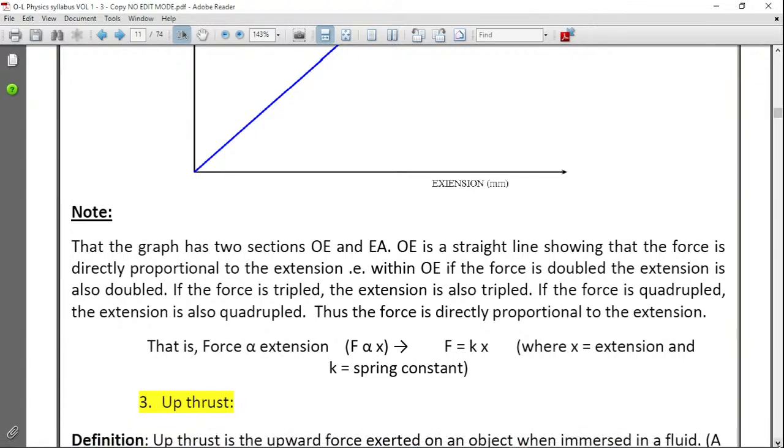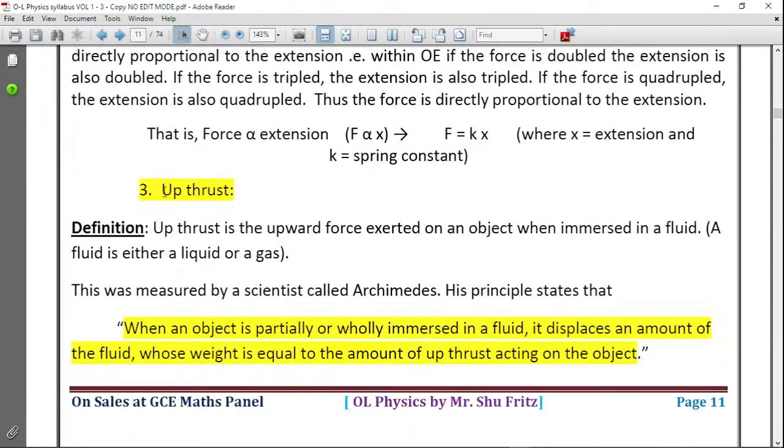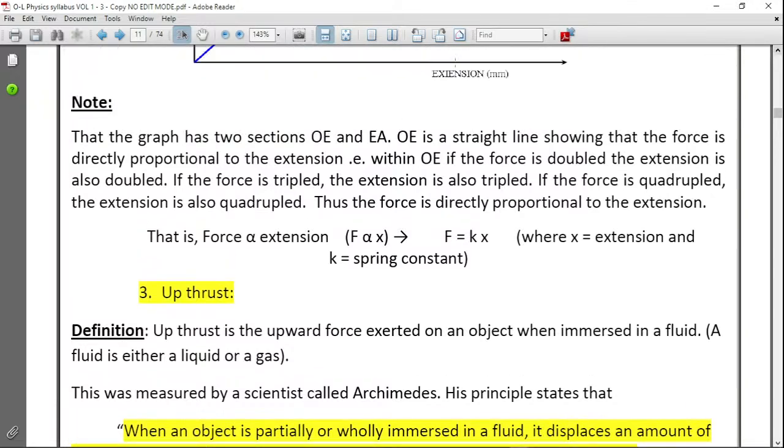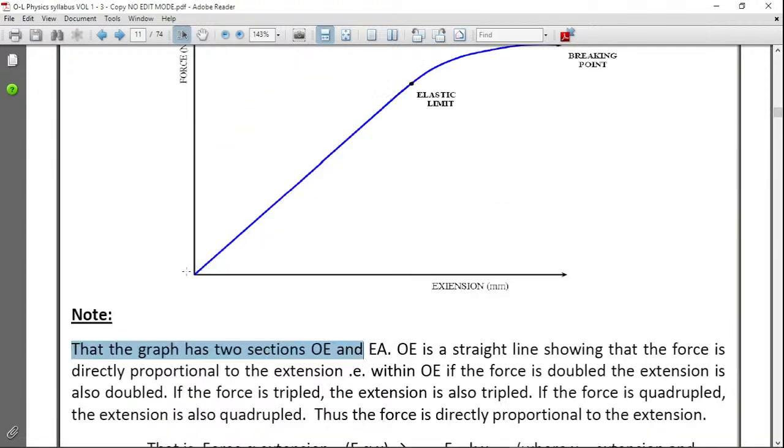So this graph shows how the force is directly proportional to the extension. When we look at the spring being proportional to the extension, there are different portions of the curve which I have not talked about. This portion, from the point O along this straight line O to E, is what we call the proportional section.